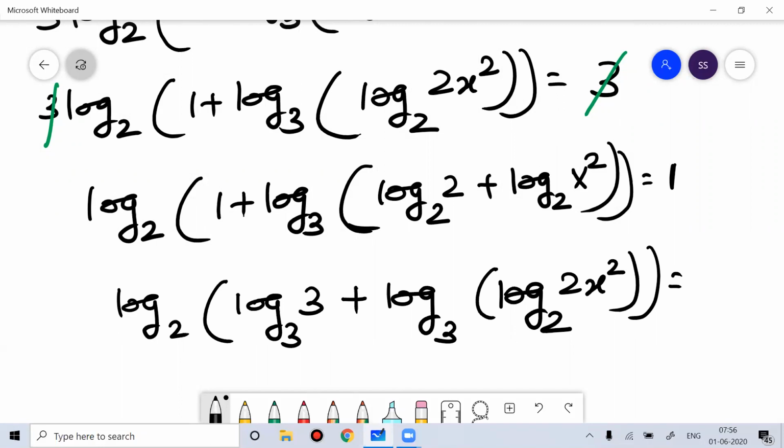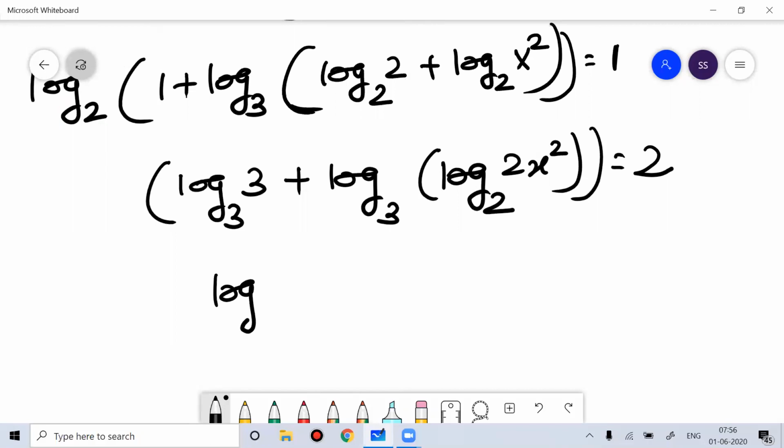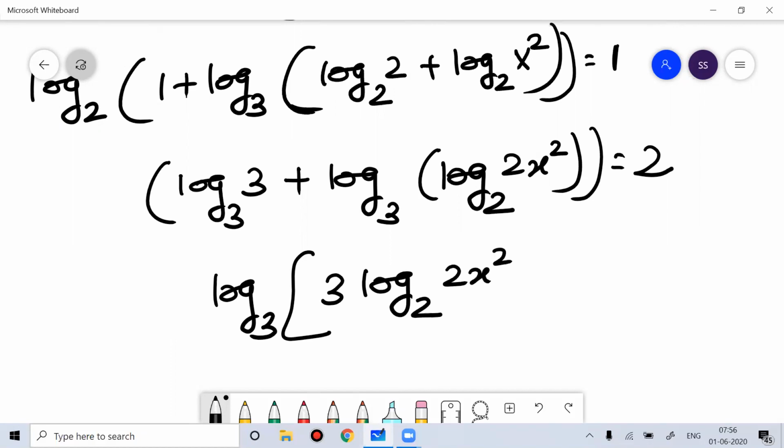So this 2, if I bring this side, this will be 2 to the power 1, means 2. So this will be log base 3. So this is 3 log base 2, 2x square is equal to 2.